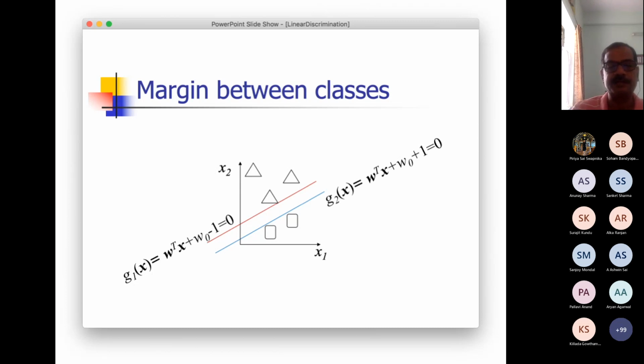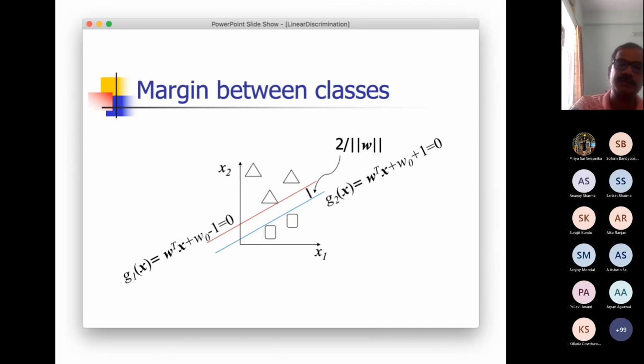Earlier, we have simply considered a hyperplane passing through the origin, but now, since you are giving a margin of 1 on one side, in the positive side it is +1, in the negative side it is -1, and the difference naturally is 2 by this. Okay, so this is a separation.